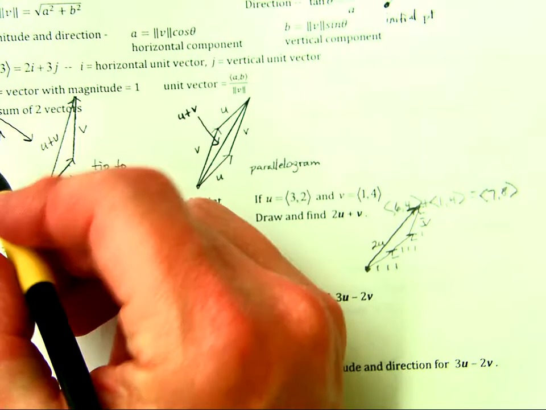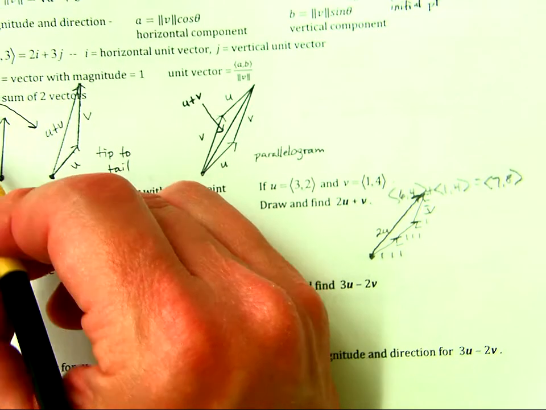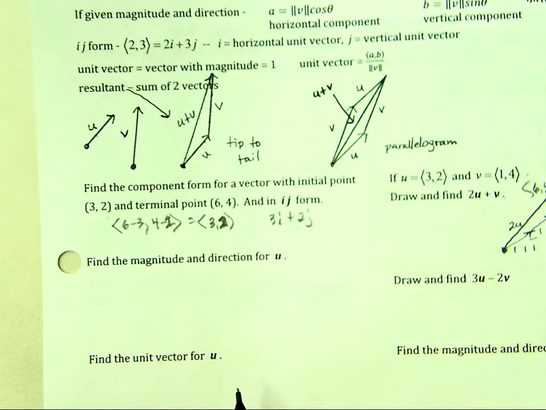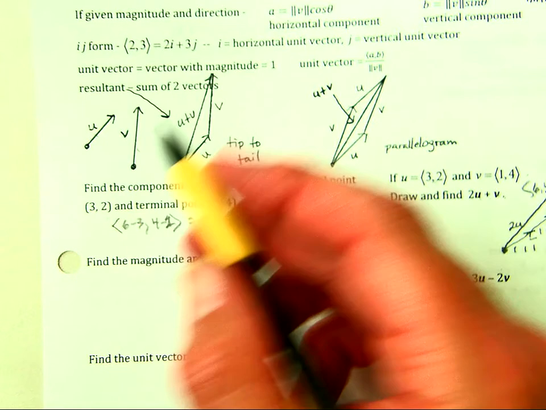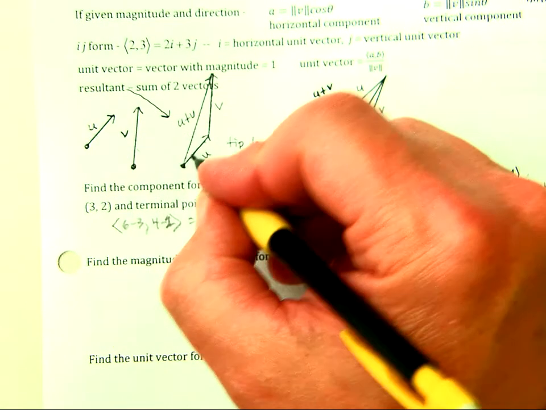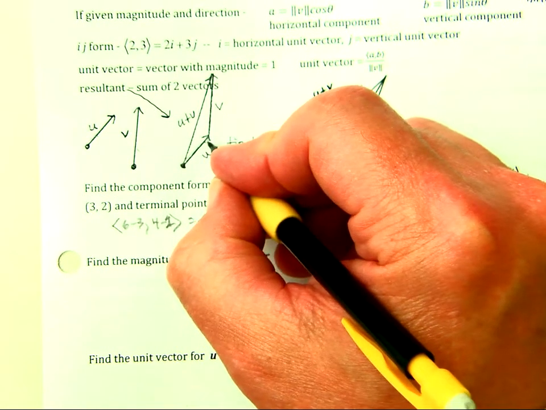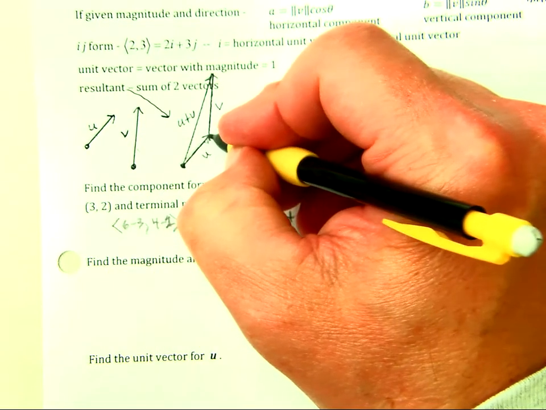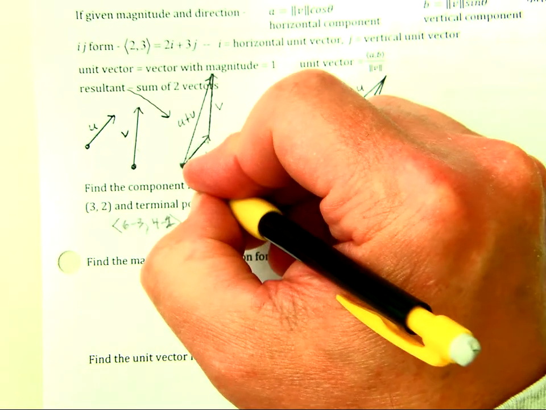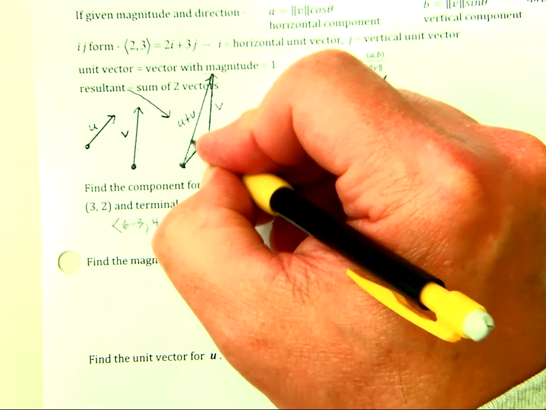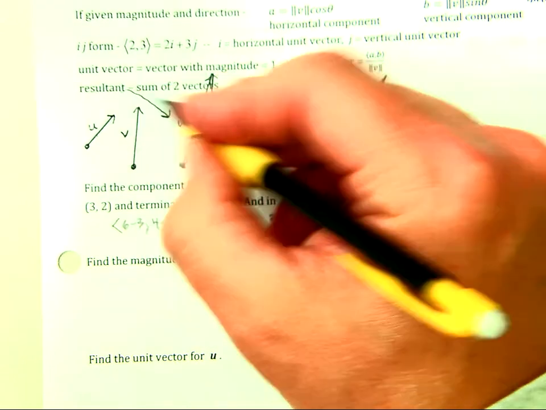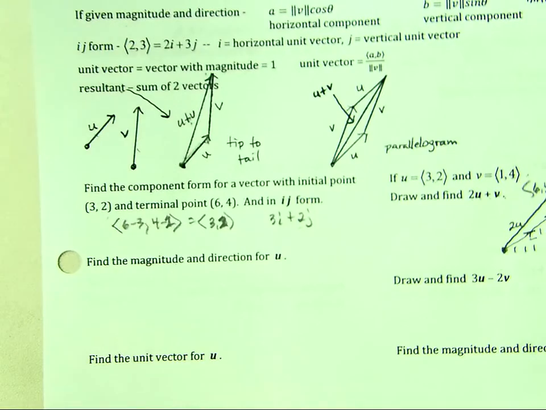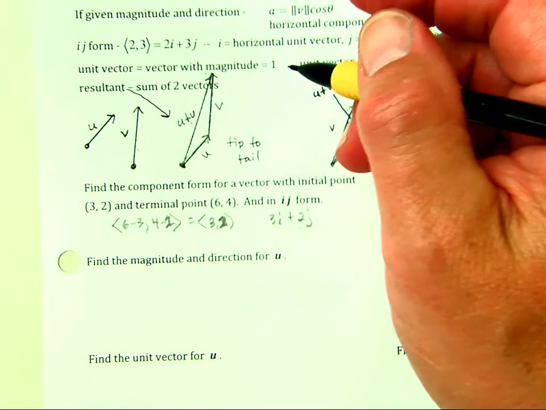Like for example here, if I gave you these are my 2 vectors here, u and v. If I said u plus v, well, I draw u, here's u right here. And then right here at the end, I draw v. So if I start at the beginning and go to the end, so across here, that's u plus v, that's the resultant. So the resultant is what you get when you add 2 vectors.